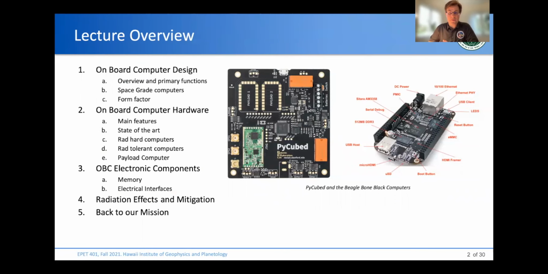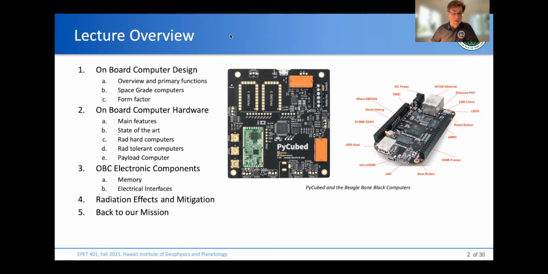So some of the overview topics that we're covering today: onboard computer design. We'll be talking about some of the primary functions, also an example of some of the space-grade computers that are available today, in the form factor for computers, especially for CubeSats that we'll be especially focused on.